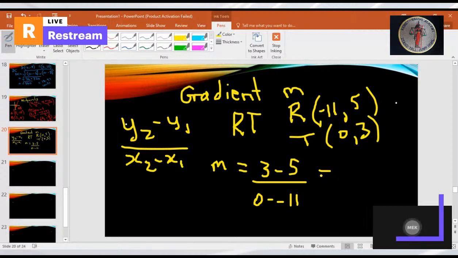And that's our -2 over 11. That tells us the slope of the line, how the line is inclined.